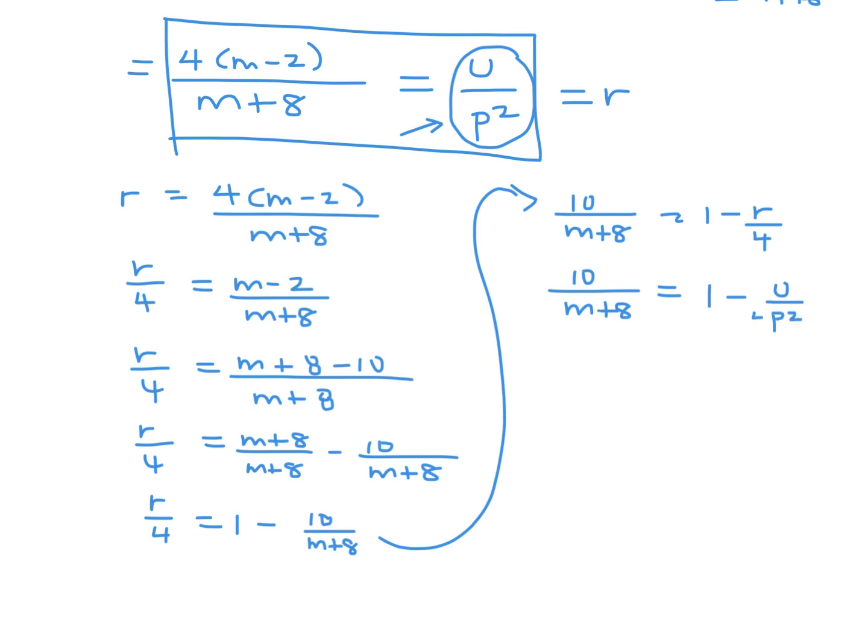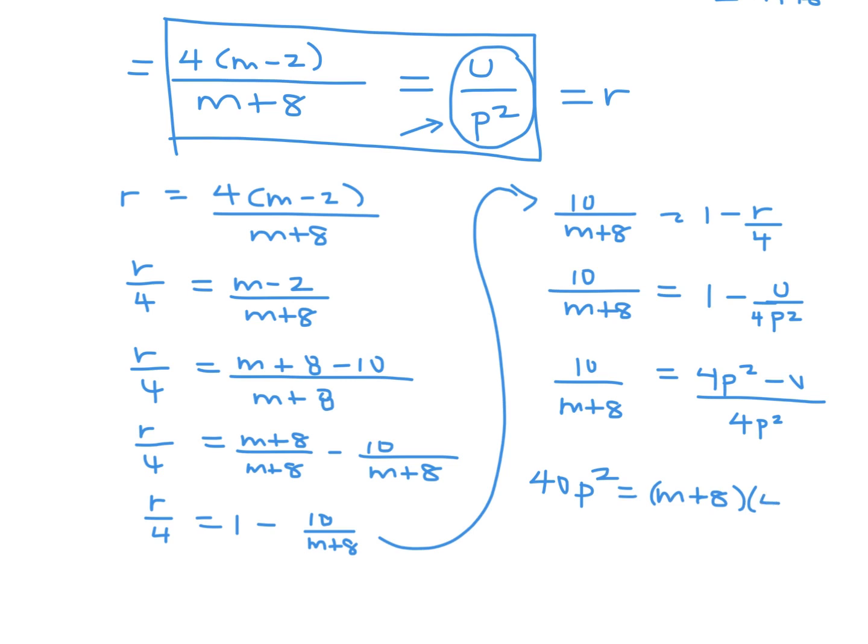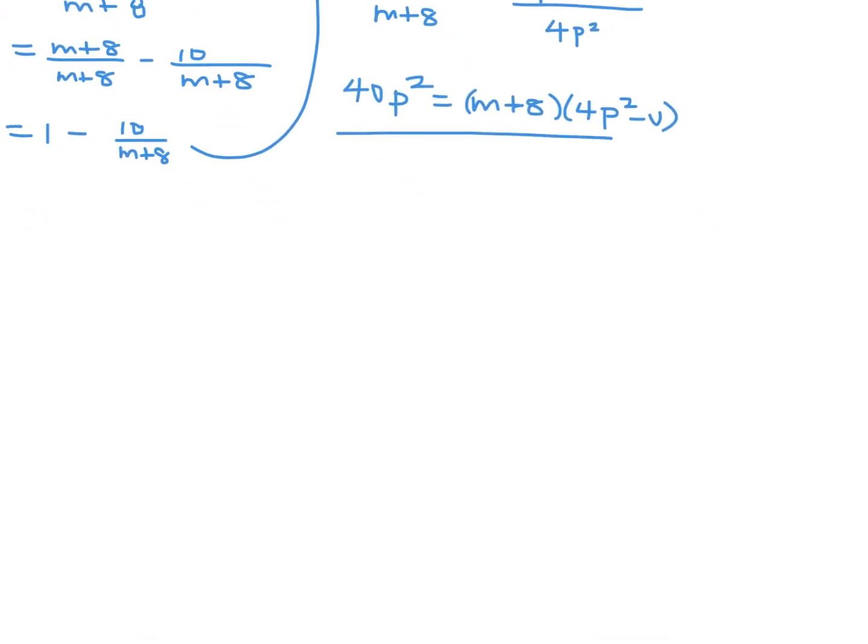Then I can combine the fraction: 4p squared minus u over 4p squared is 10 over m plus 8. Now I can cross multiply, and I get 40p squared is equal to m plus 8 times 4p squared minus u. So I got it down to this expression right here.